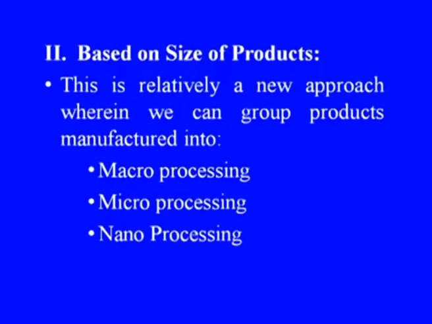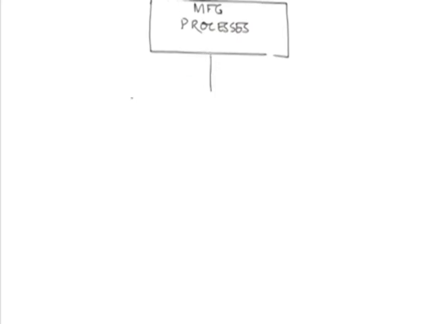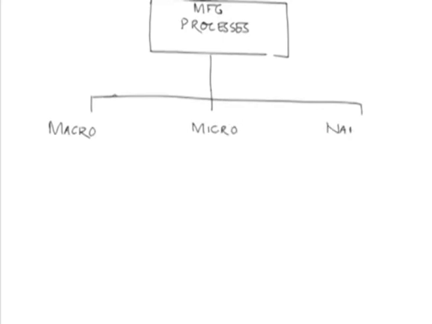So, manufacturing processes can be macro, then micro, and then nano.